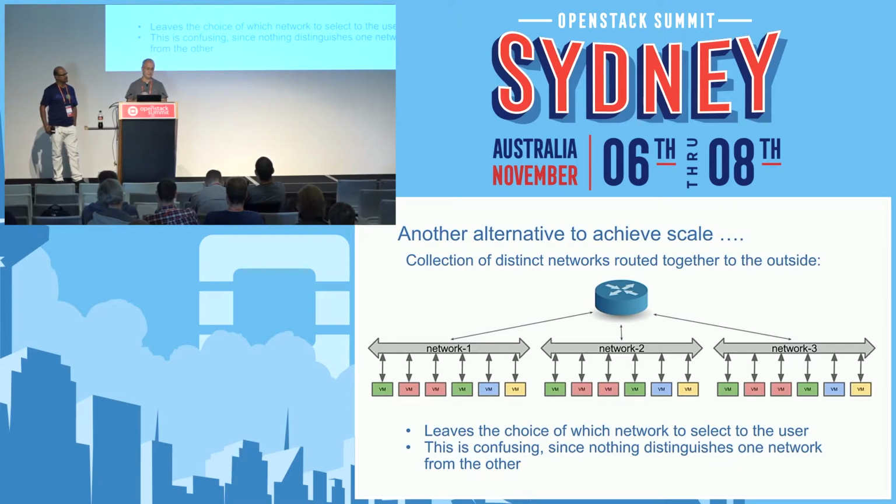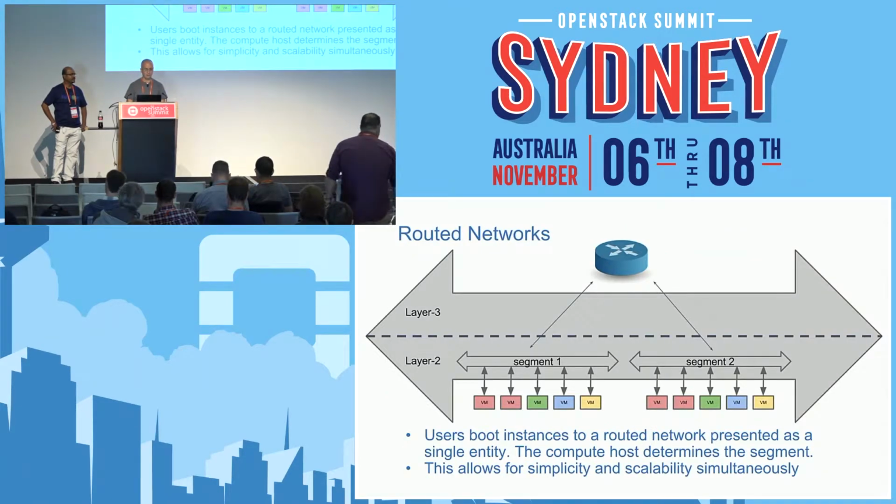The downside of this is that this leaves the choice of which network to select to the user. Each user, when they use the cloud, essentially has the task of defining where they want to connect, and that's not necessarily the most optimal approach because it can create confusion because essentially nothing distinguishes one network from the other. So the community sat down.